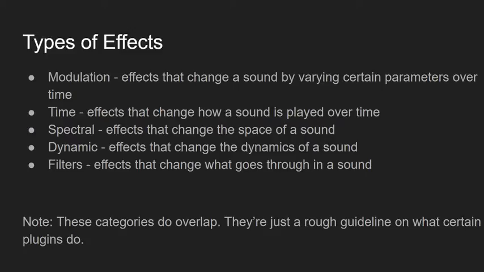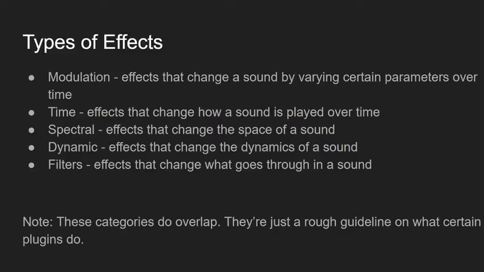So modulations are effects that change sound by varying certain parameters over time. So these are your plugins like phasers, flangers, and chorus. Time-based effects are effects that change how a sound is played over time. These are going to be your convolvers, your reverb, your delays. They all belong to the same family.